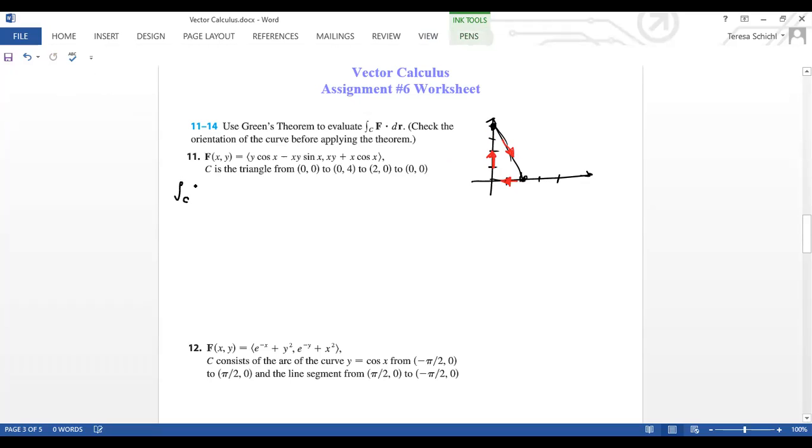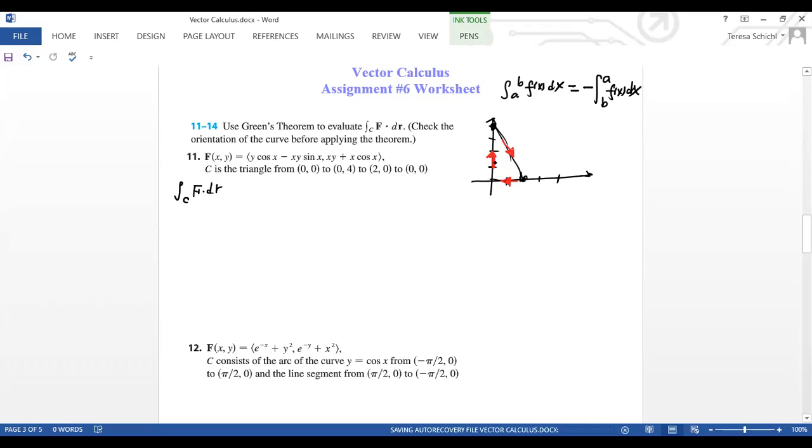So I'm trying to look for the integral over C of F dr here. This is just like in Calc 2, when you integrate from a to b of f of x dx, and if you change it to b to a, you have a negative sign because you switch the starting and ending points.